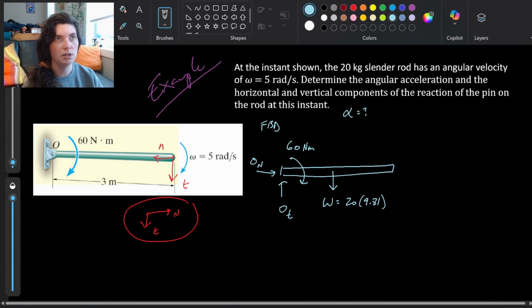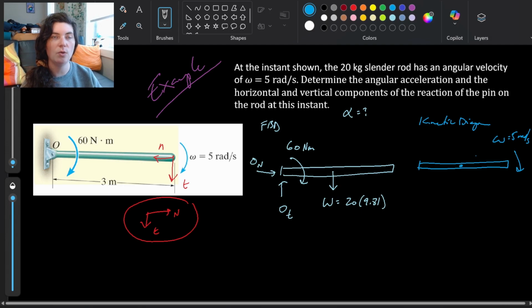So next we'll do a kinetic diagram and kind of look at how this thing is moving. Right, so obviously we have that this thing is going through this angular velocity of 5 radians per second. But we also need to account for how the shape is moving, right?